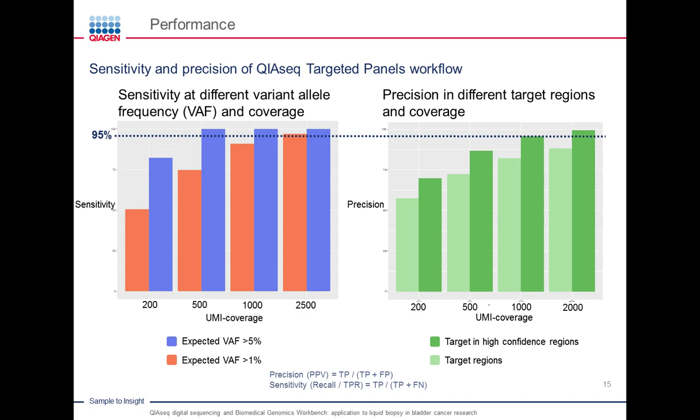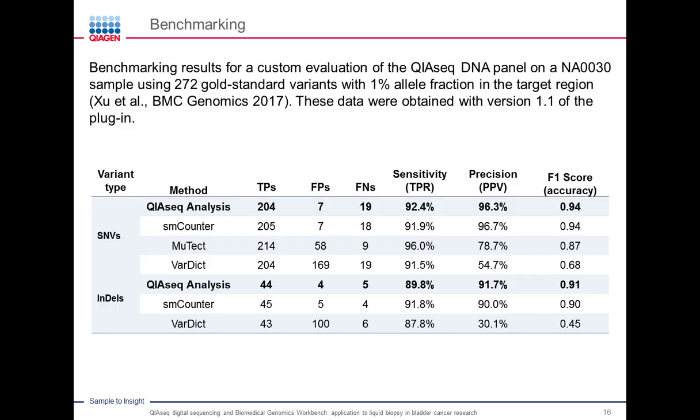And for variants that are more difficult to detect, like those with an allele frequency of 1%, we reach a sensitivity above 95% at 2500X. And in terms of precision, we reach above 95% in high confidence regions at an UMI coverage as low as 1000X, as you can see in the green picture on the right-hand side. So this is to communicate the high level of accuracy that this workflow allows when performing your analysis.